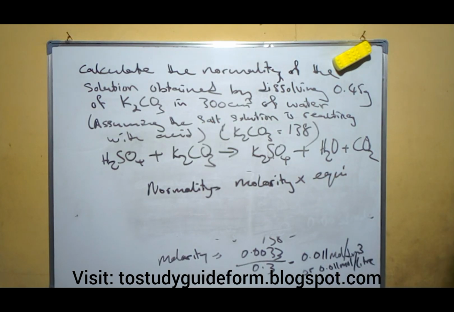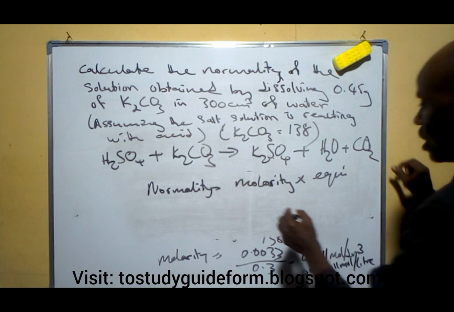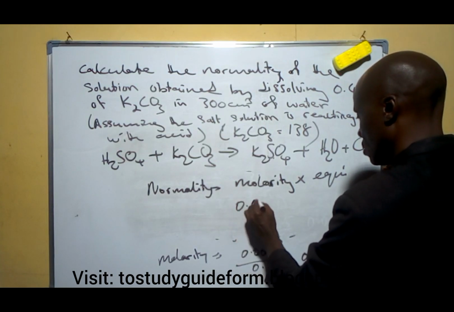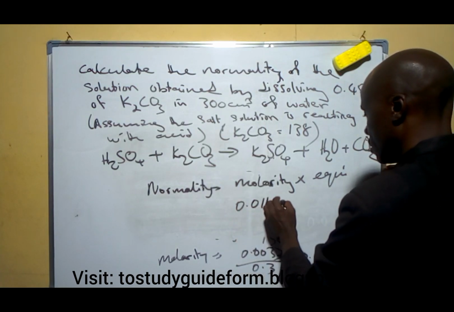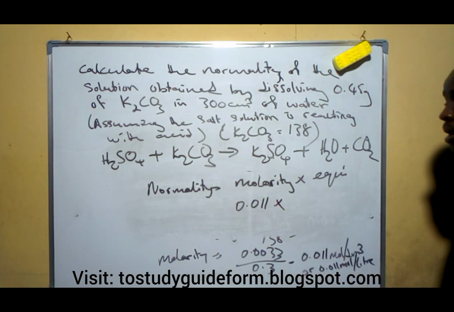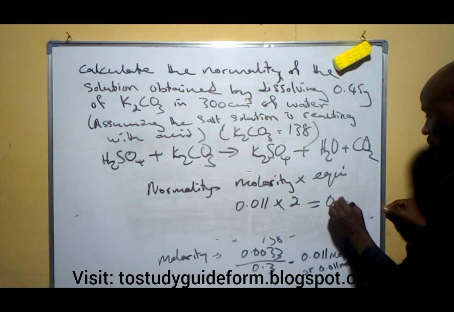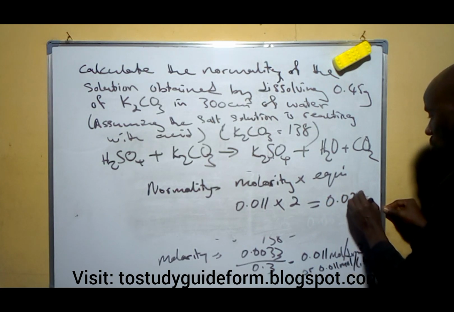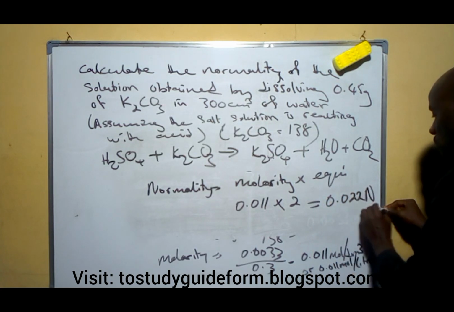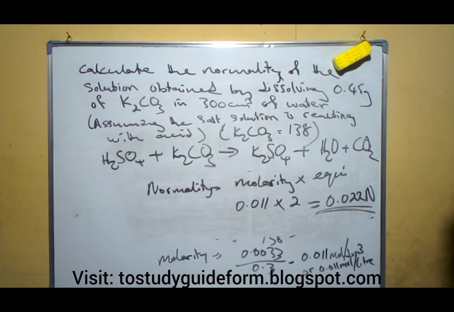Molarity is 0.011, and the equivalent is 2. Multiplying these, we have 0.022 normality.